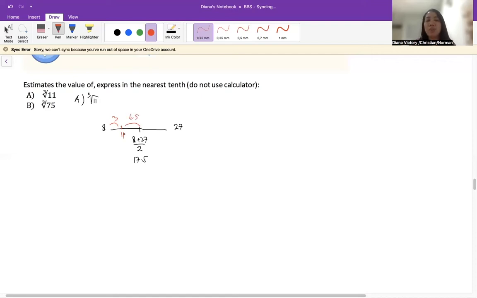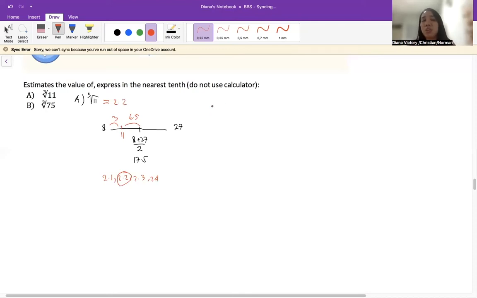So 11 is closer to 8. So now we can choose either 2.1, 2.2, 2.3, or 2.4. Based on this, I think it's best to choose 2.2 because it is closer to 8 but not really close. So the answer for this is 2.2.